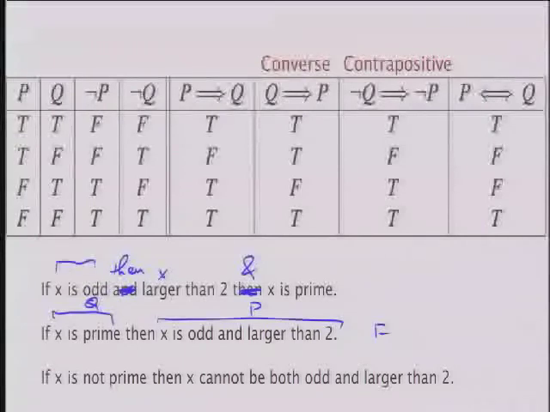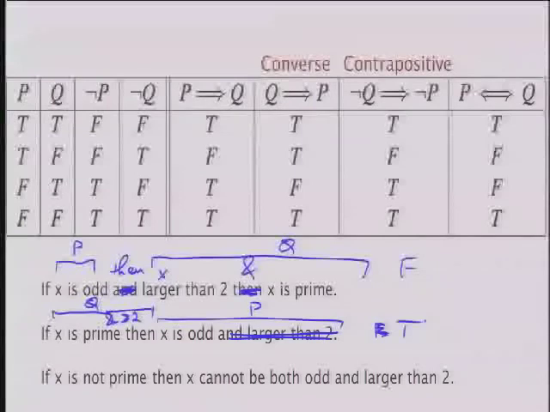Let P be this: if X is odd, then this is Q: X is larger than 2 and X is prime. So is this true or false? Okay, now let's do if Q, then P. If X is larger than 2 and prime, then it's odd. Is that true? Yeah. So if X is prime and greater than 2, then odd. So now it becomes true.